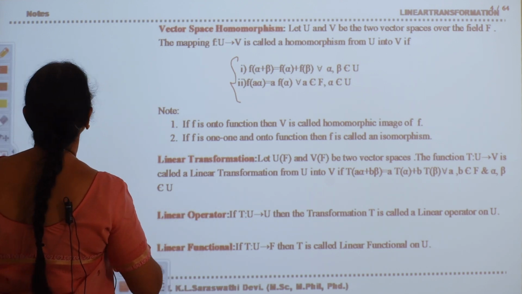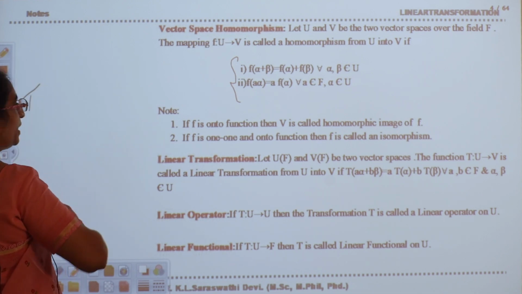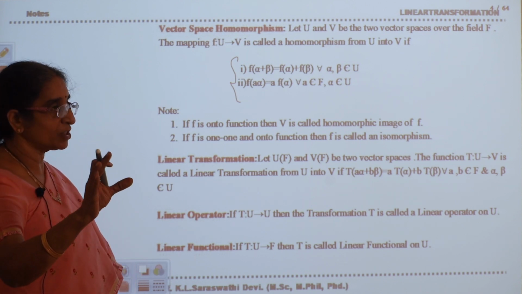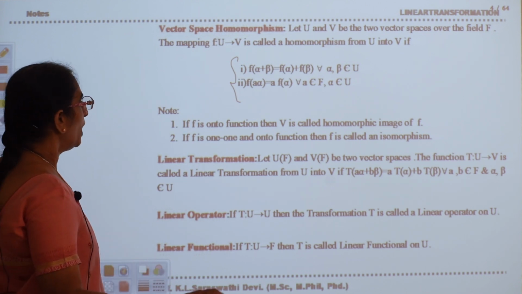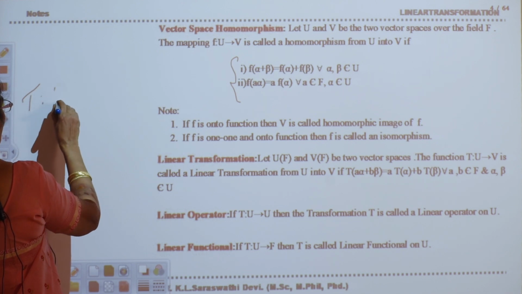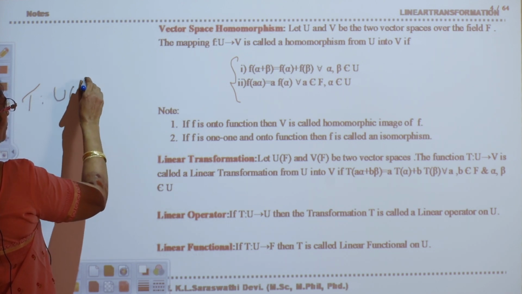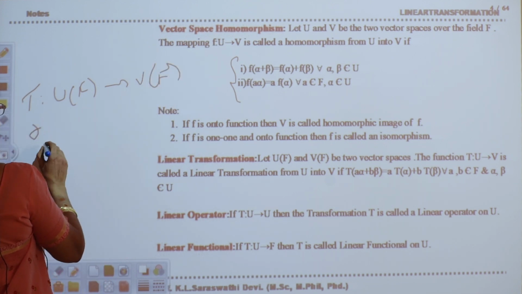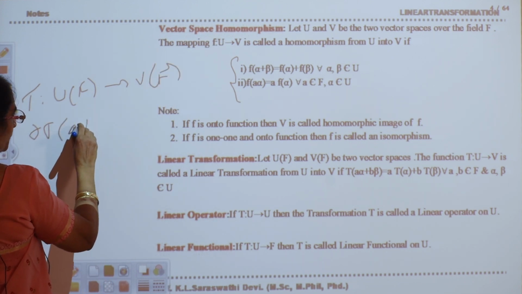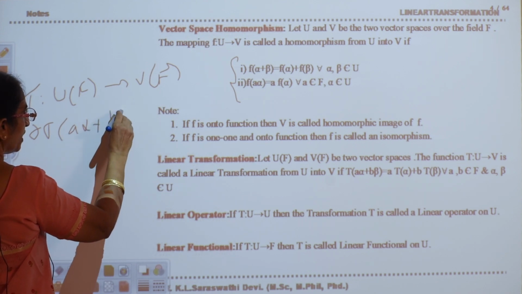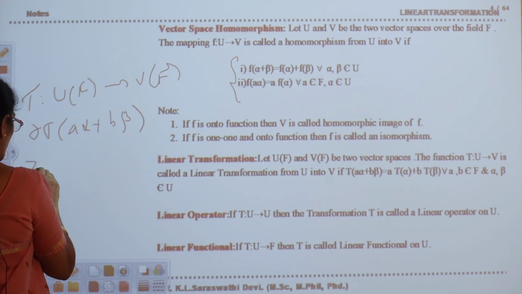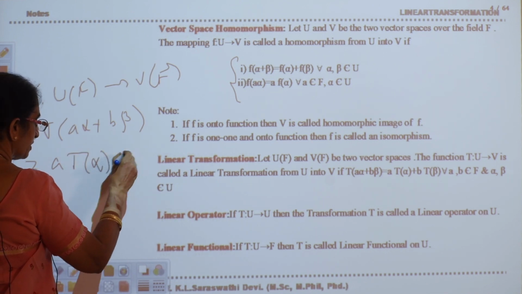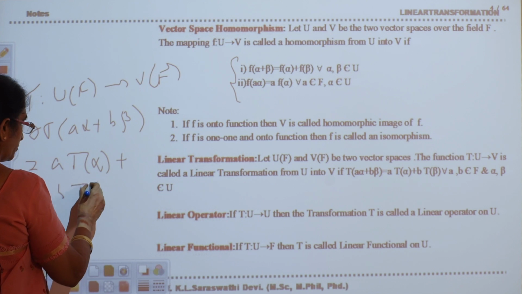Usually the linear transformation is denoted by T, and T is a mapping from U(F) to V(F) such that T of a alpha plus b beta is equal to a into T of alpha plus b into T of beta.